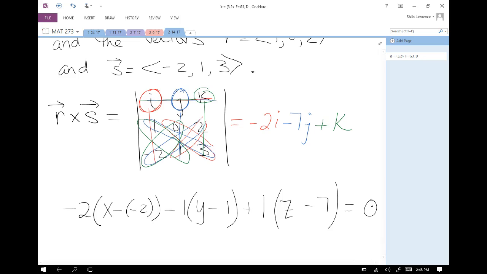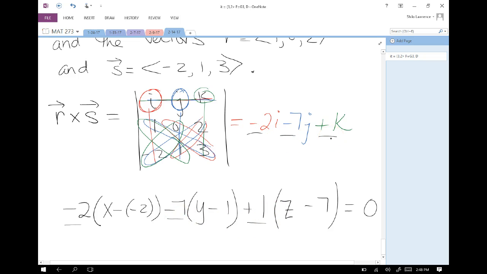So the numbers in front are the components from the vector. The numbers inside, we're subtracting the coordinates from the point. So the components from the vector were negative 2, negative 1, 1. Negative 2, oh, whoops, that's negative 7, sorry. Negative 2, negative 7, 1.